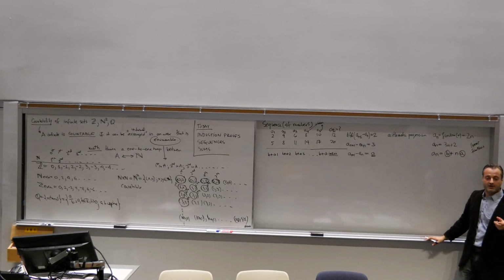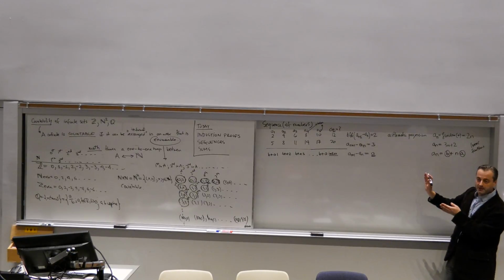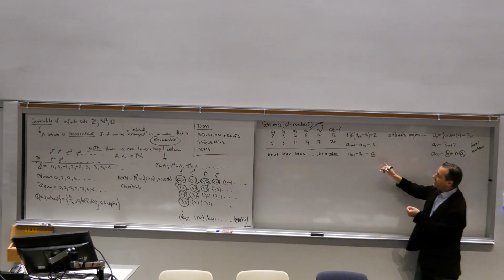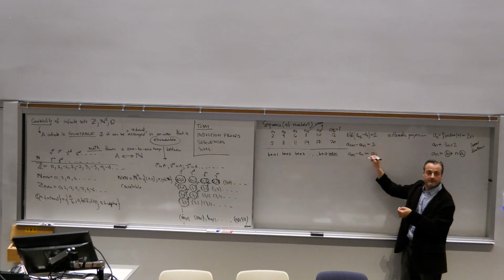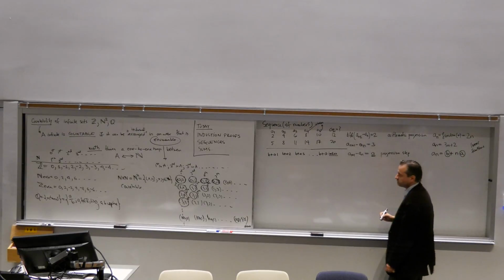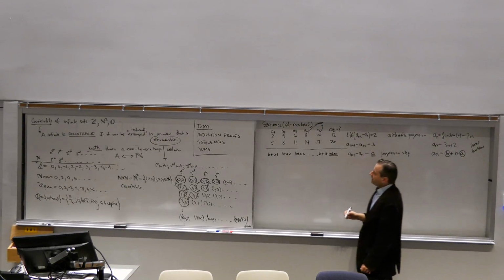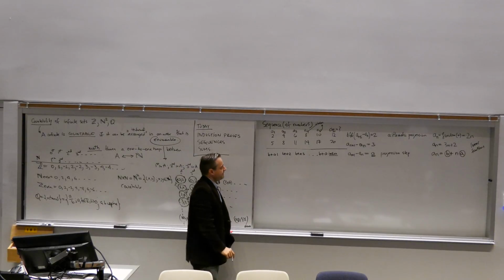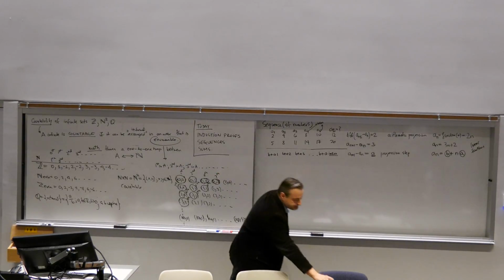Any arithmetic progression depends on b, which is an offset, since everybody gets offset by b, and a, which is the progression step. Okay, so that's a kind of sequence.